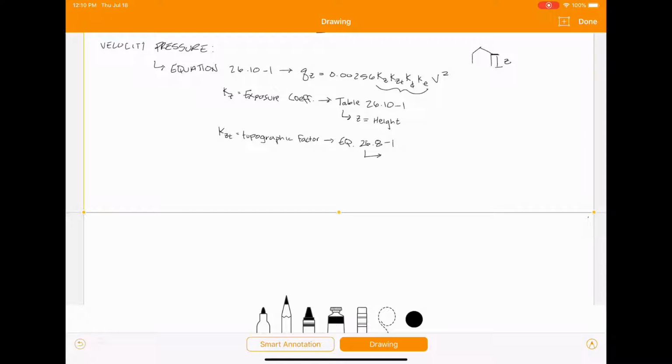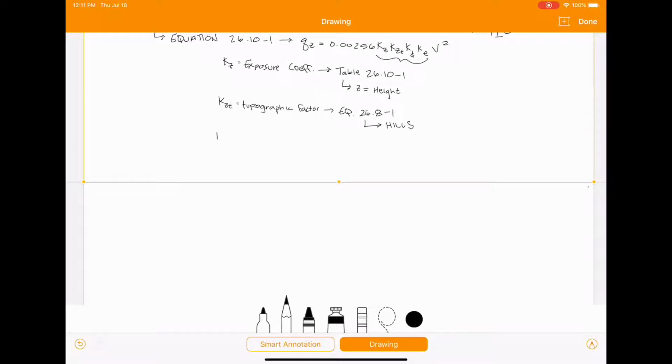And these are all parameters of what the topography is like around your structure. So it usually has to do with structures that are sitting on hills or near hills, because the wind behaves differently around terrain like that.